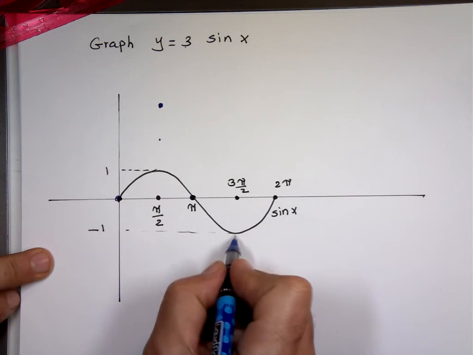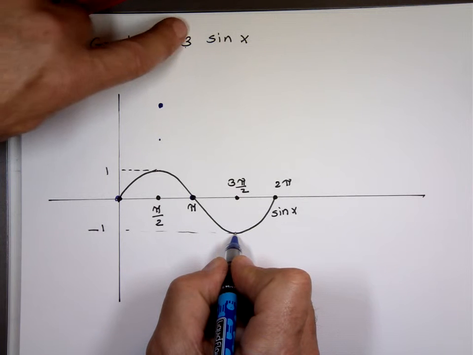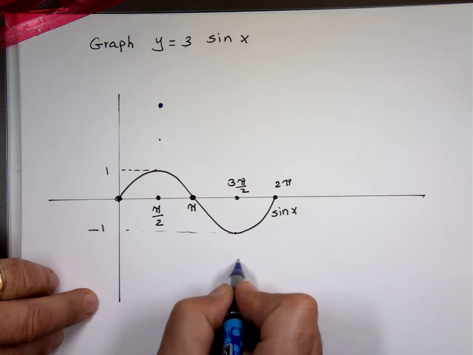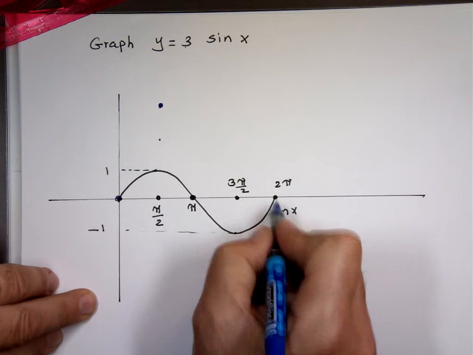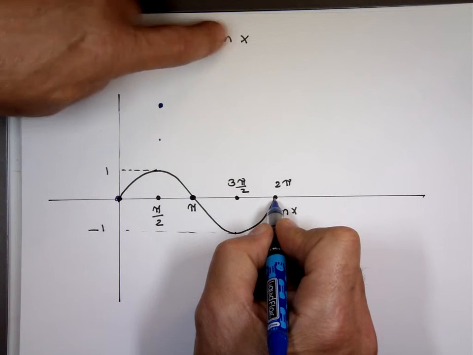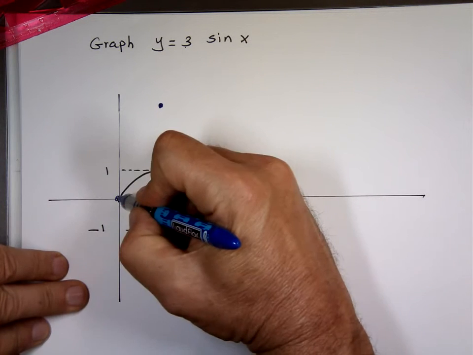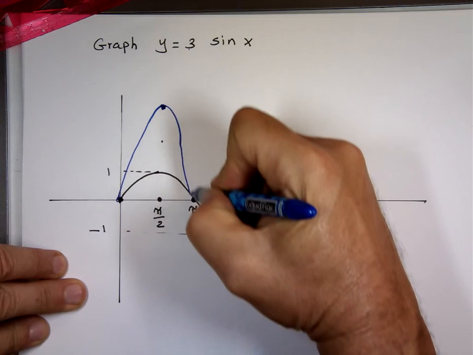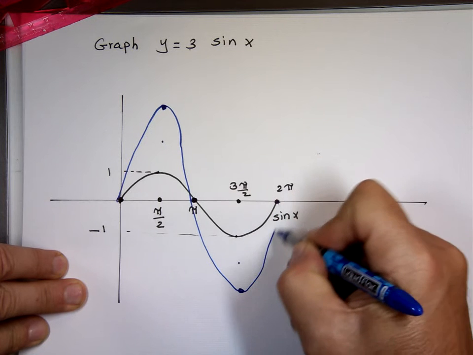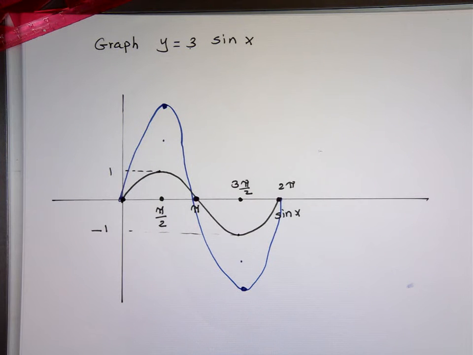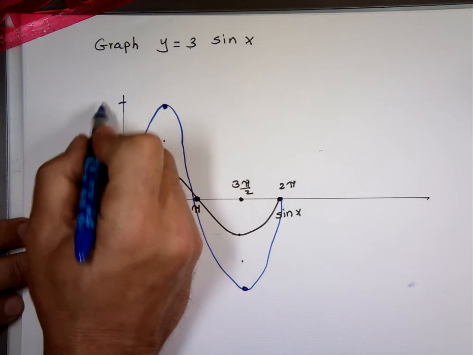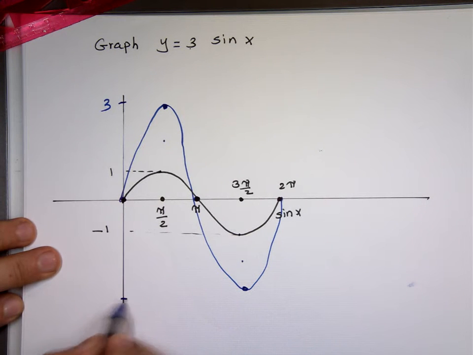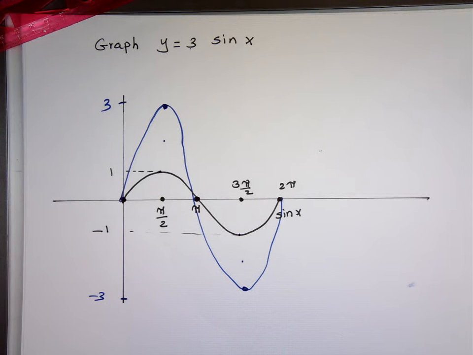Right here, sine of x is -1. What is 3 times -1? -3. Right here, sine of x is 0. What's 3 times 0? So my graph will look like this. As high as what? 3. As low as what? -3.